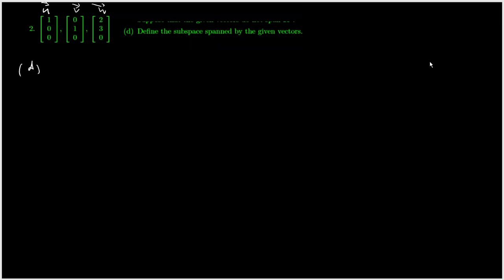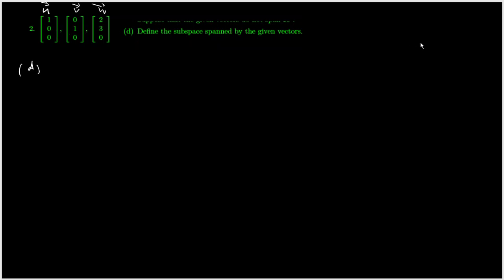The subspace spanned by the three vectors u, v, and w is the set consisting of all the linear combinations of u, v, and w. In question D, we just write that. The standard notation is actually the span of u, v, and w.